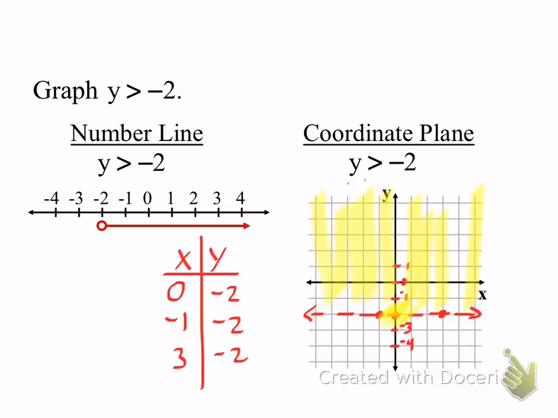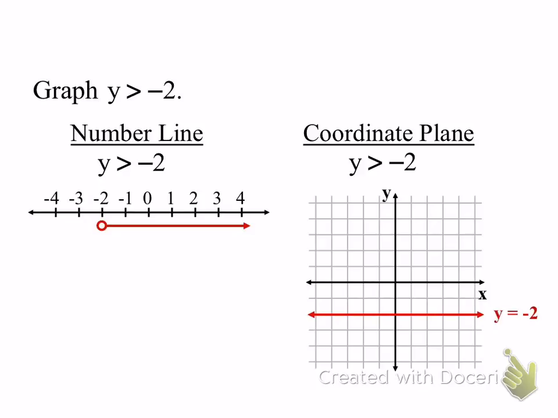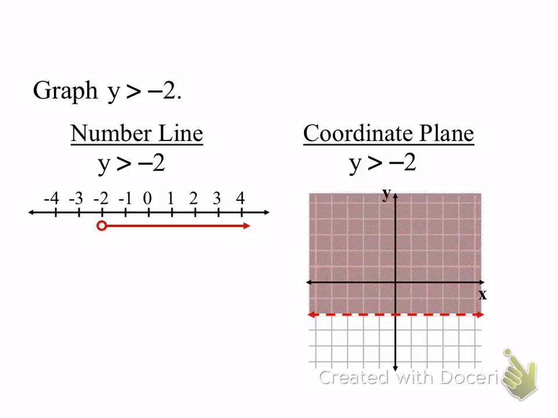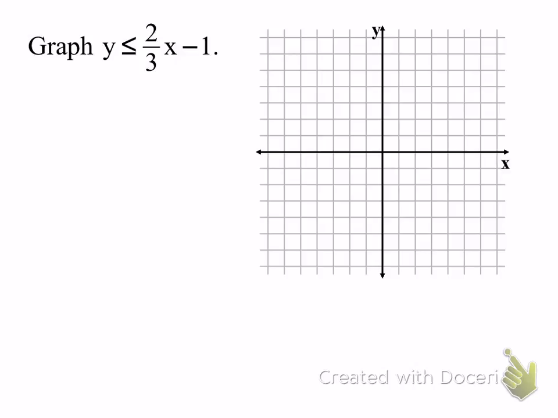Yes? Okay. All right, so now let's go to just a linear equation in slope-intercept form. The first thing you're going to do is create a boundary line. Remember, we just turn it into an equation. I always want you to identify the M and the B, because the table method takes too long.